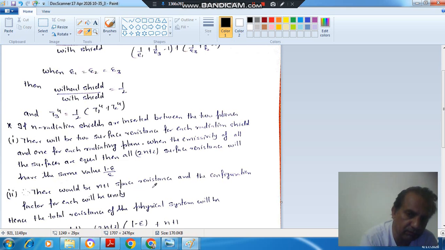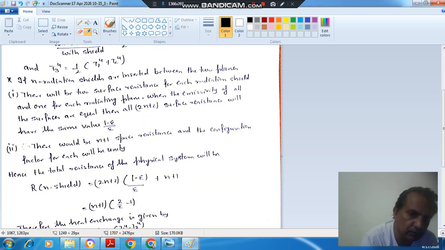And there are n plus 1 spaces, and for these n plus 1 spaces the configuration factor F12 or F23, F31, whatever, will be there.